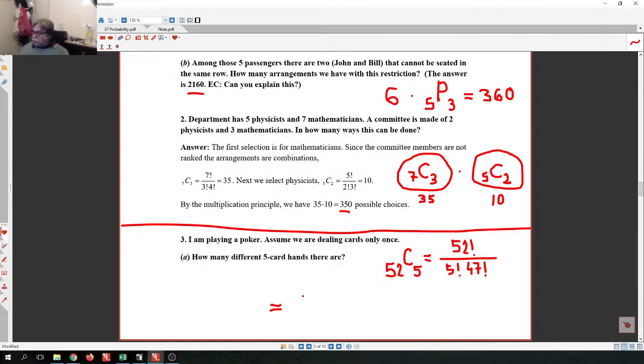And then you're left on the top with 48 times 49 times 50 times 51 times 52.